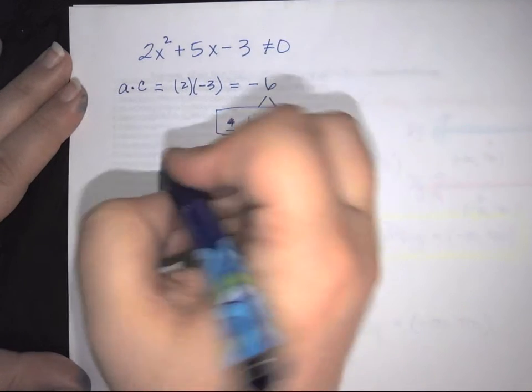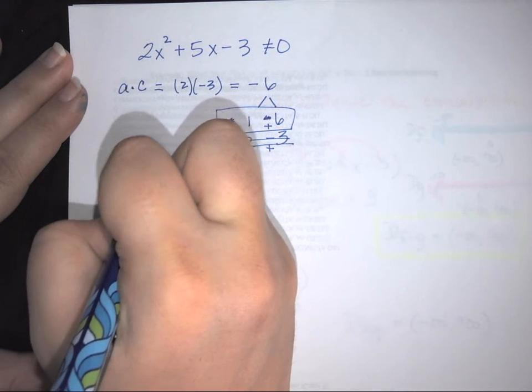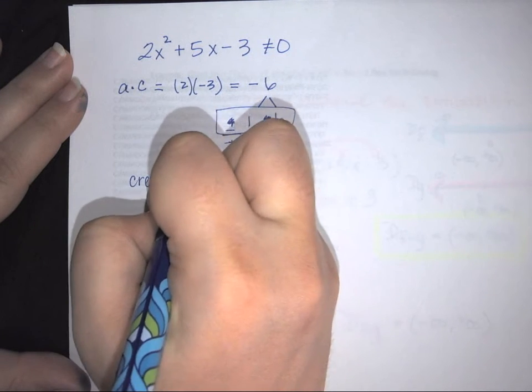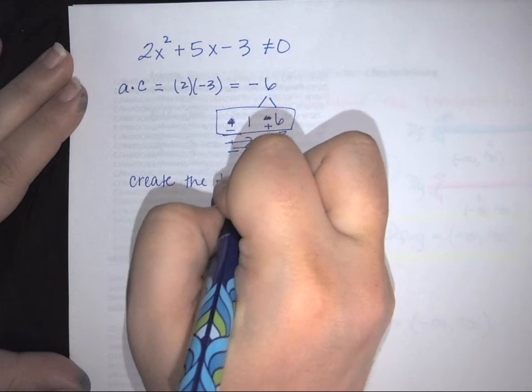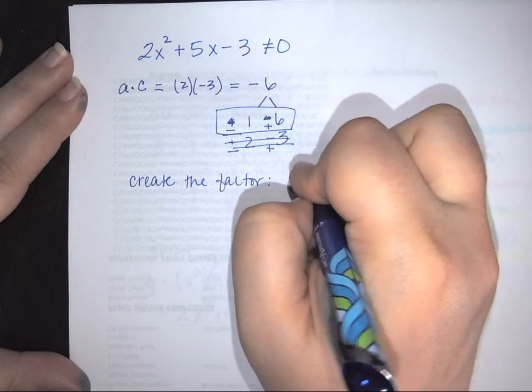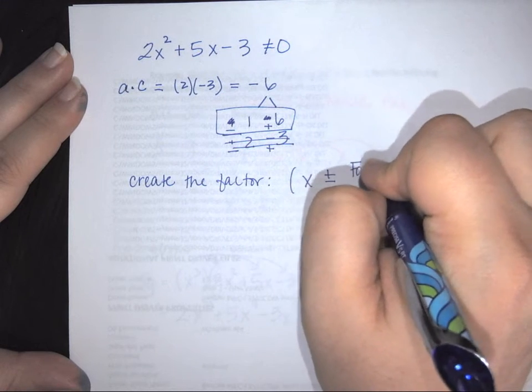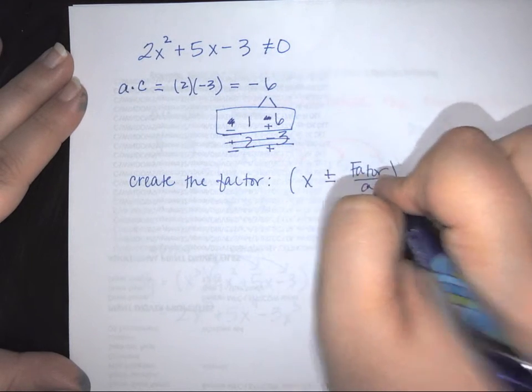Bottoms up says the first thing you want to do is create the factor part, which says we're looking at the form x plus or minus your factor over the a term.